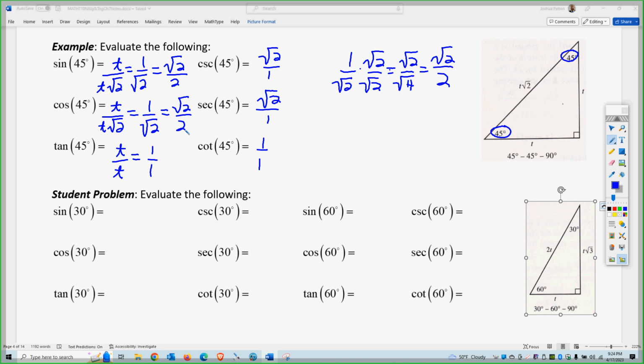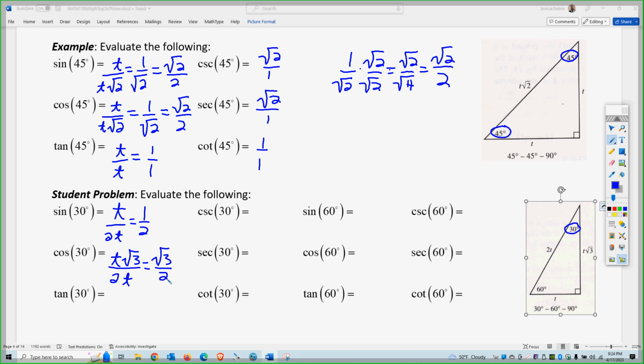Okay, so if I do the 30 degrees for the next diagram, right? So I'm doing this 30 degrees here. The opposite of that is t. So the opposite over the hypotenuse gives me 1/2. Okay, so that's why we saw in the diagram that sine of 30 degrees is 1/2. So the adjacent is t root 3 over the hypotenuse, which is 2t. So I get root 3 over 2.